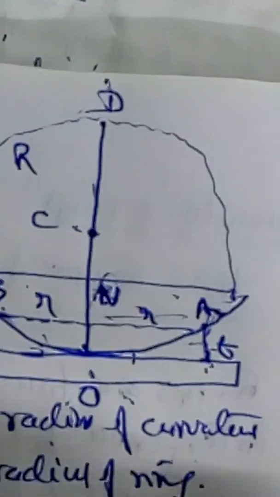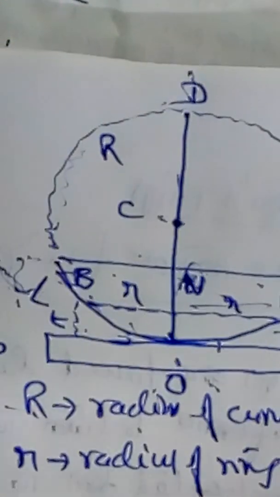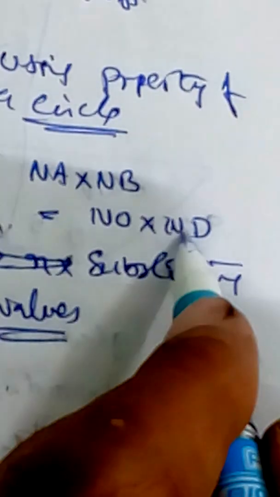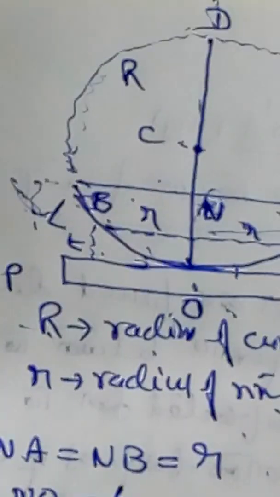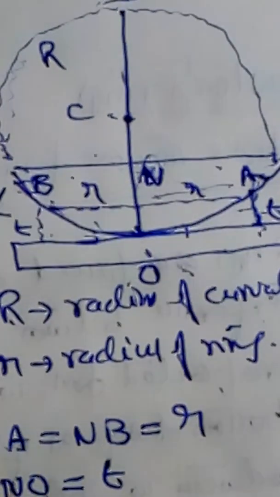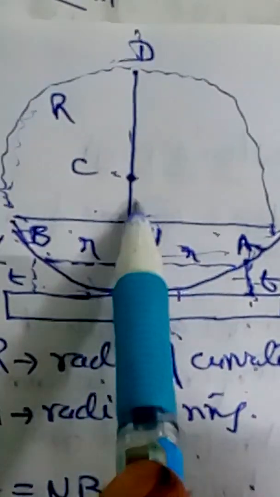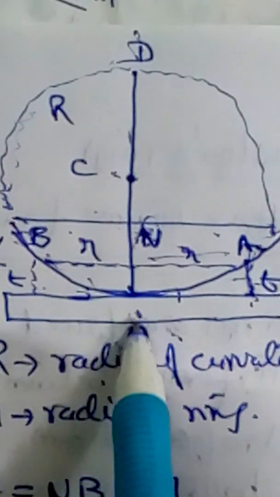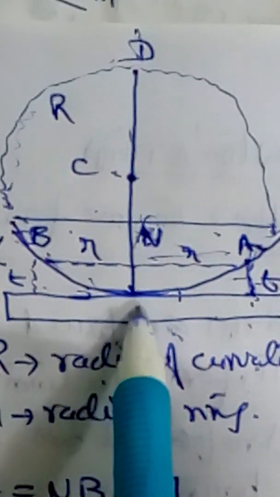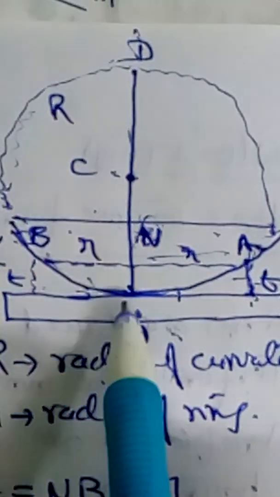So we want the ND value in the formula. How can you get ND here? ND is nothing but OD minus ON. ON is the thickness. OD means the radius of curvature is taken R, it's the full diameter, therefore it becomes 2R.